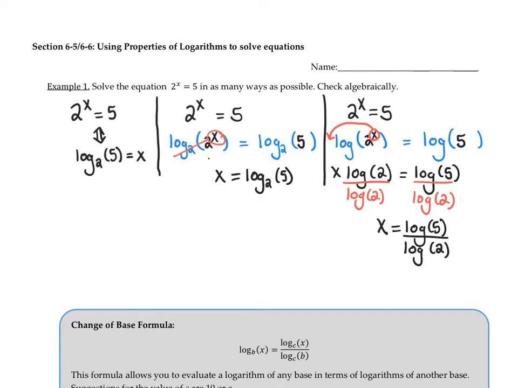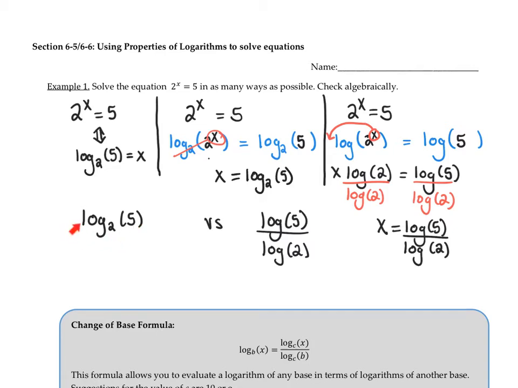So the answers that I have are log base 2 of 5 versus log of 5 divided by log of 2. Now, prior to the advent of newer graphing calculators, you wouldn't have actually had a way to evaluate this expression anywhere in your calculator.